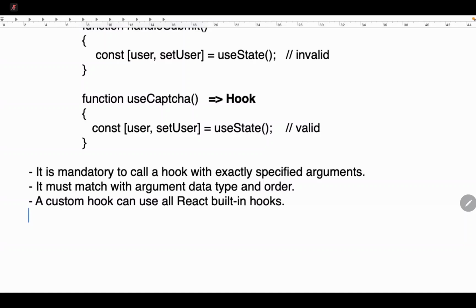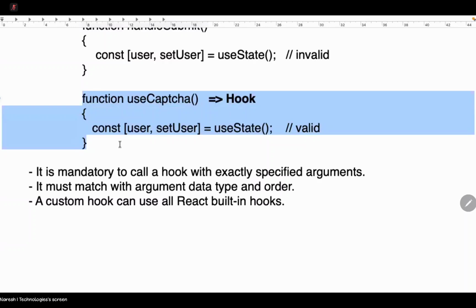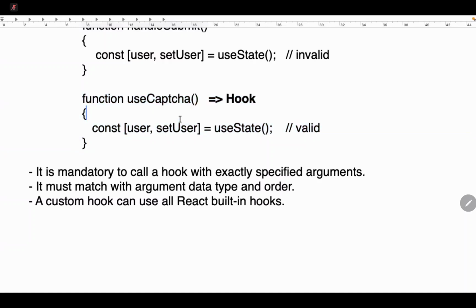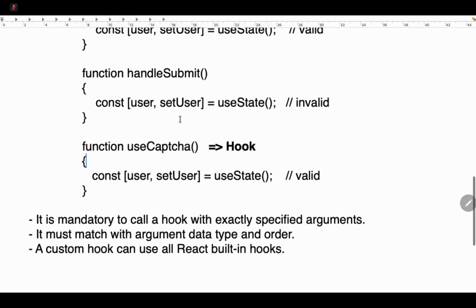Means in a hook, if we want to access data, then you can use Axios in it. In a hook, if you want to design a form, you can use Formik in it. You can use useState. In a hook, you can use hooks. But in other normal functions, you cannot use hooks, right? So these are all the important basic points.